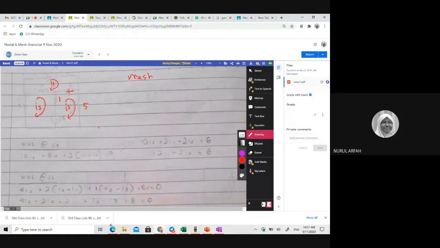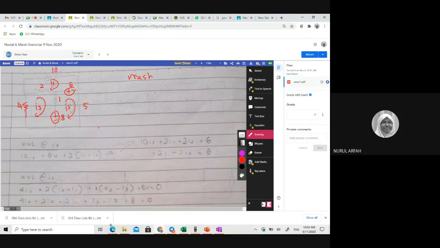Okay, this is plus minus. This is 6. Plus minus, this is 8. 4. 2 and 10. Do you have a super mesh? No, right? Do all of you agree? No, because there's no current source. So there's no super mesh.